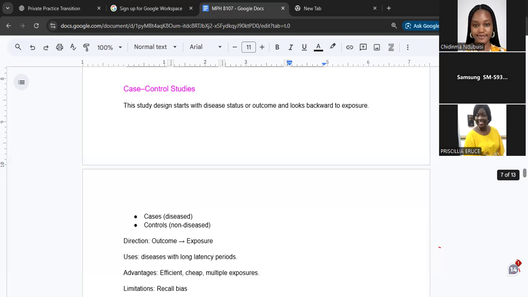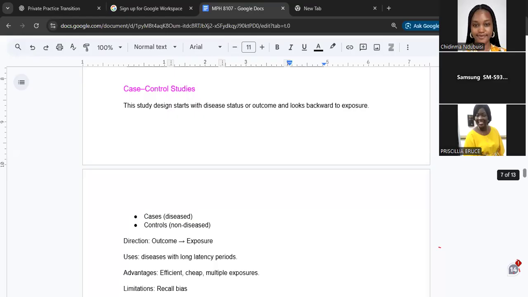Let me use the example we had before, obesity and hypertension. We will start with the outcome. What is the outcome? The hypertension. So we are going to bring people who have hypertension and those who do not. I did not mention exposure. We are not concerned about it yet. Our starting point, the beginning of a case control study, is the outcome, the diseased state.